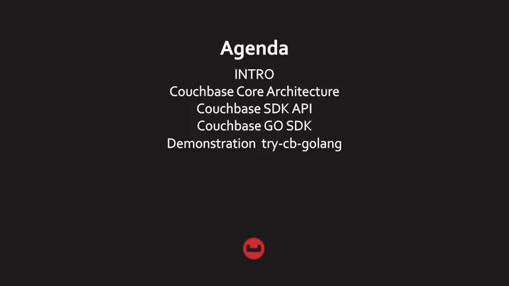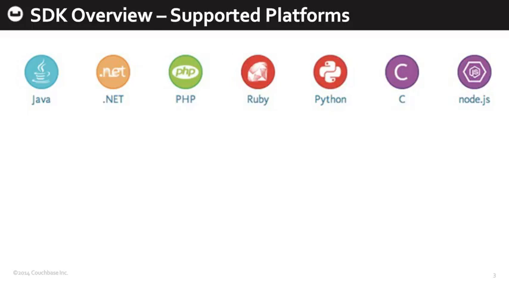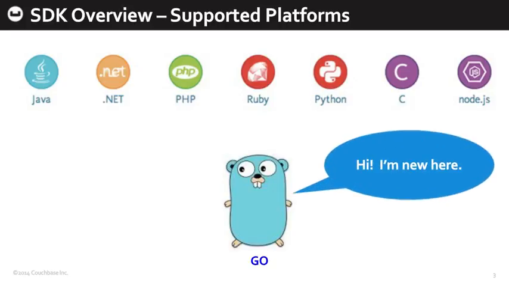This is exciting. Typically in the past, our core SDKs have been Java, .NET, PHP, Ruby, Python, C, and Node.js. And in addition to that, now we have the Golang SDK. Why this is so important to us is that, as a company, we've made such a significant investment into Go as an architecture.